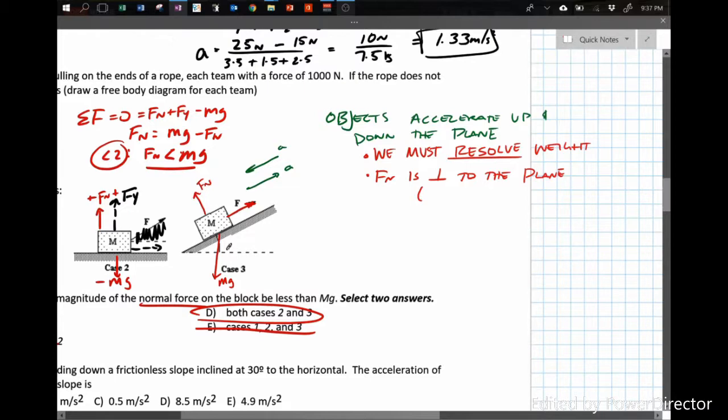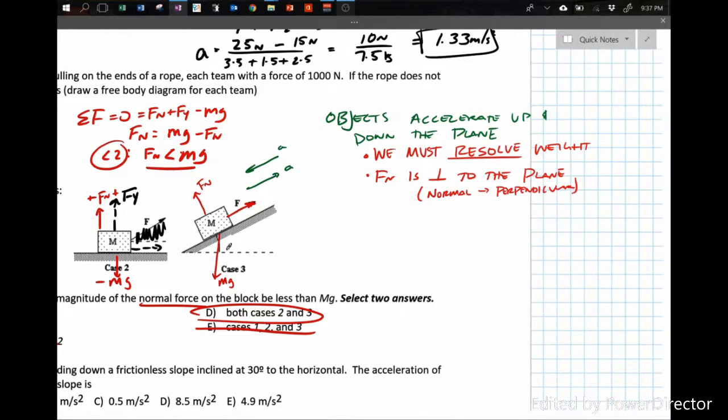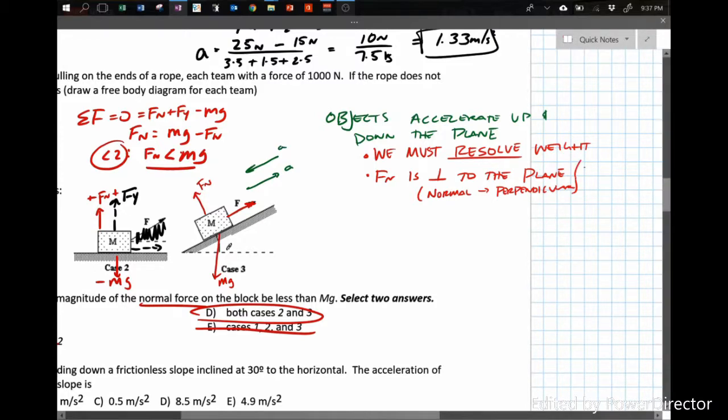Just as a hint, normal in this context means perpendicular. So a normal force is a force that's perpendicular. In this case, it's perpendicular to the surface. So this normal force is perpendicular to the plane, and therefore the acceleration, I don't have to resolve it, and my force here, this force F, is up the plane, so I don't have to resolve it either.